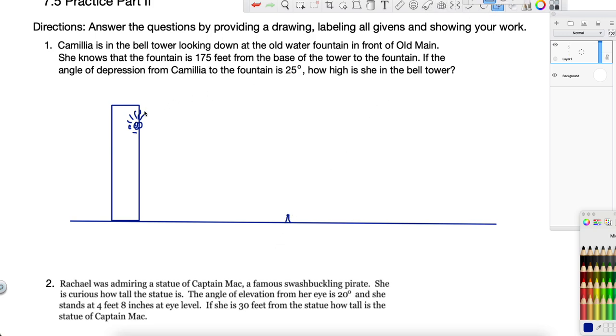And she is looking down at it. And she says she knows the fountain is 175 feet from the base. So 175 feet is this length here.